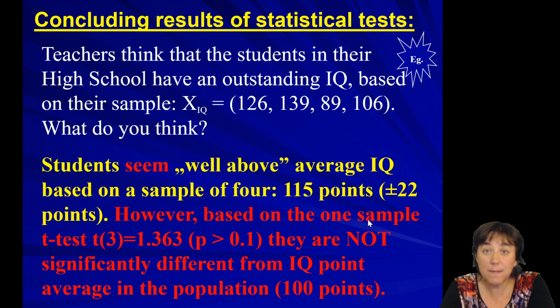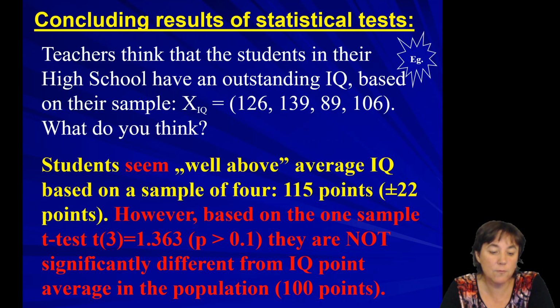However, based on the one sample t-test, t in brackets goes the degrees of freedom, 1.365, which is the actual test value, and with this p-value, which states that it's not significant, the level of error is higher than 10%. Thus, they're not significantly different from the IQ point average in the population, which is 100 points.